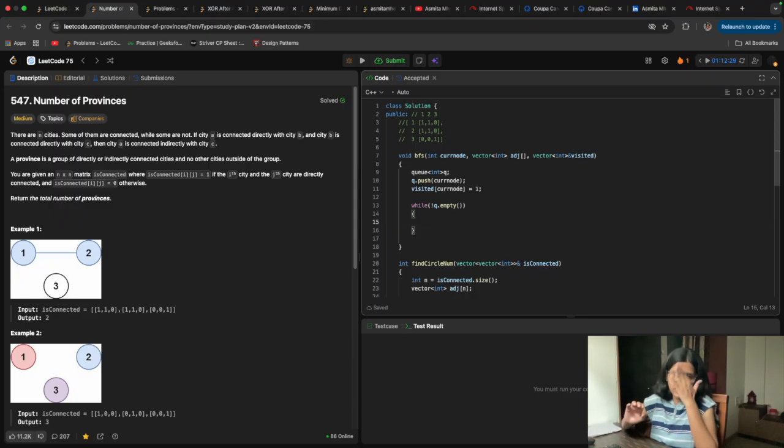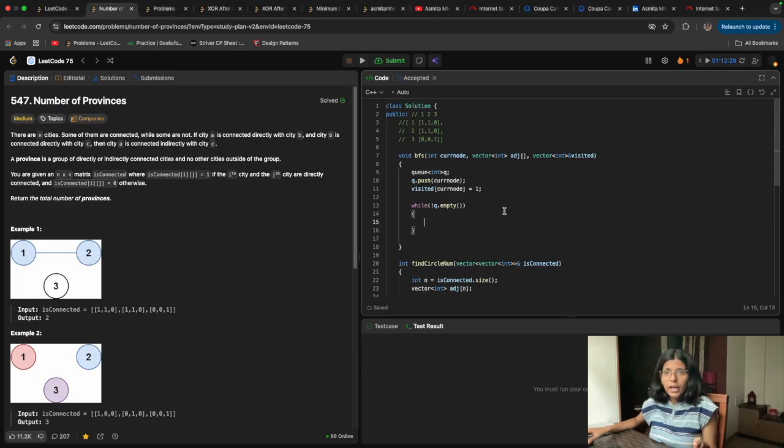Like, we take a node and its neighbor nodes, and we first visit those neighbors. It's not like we visit its first neighbor, then go to the neighbor of that one, no matter how many neighbors are connected.